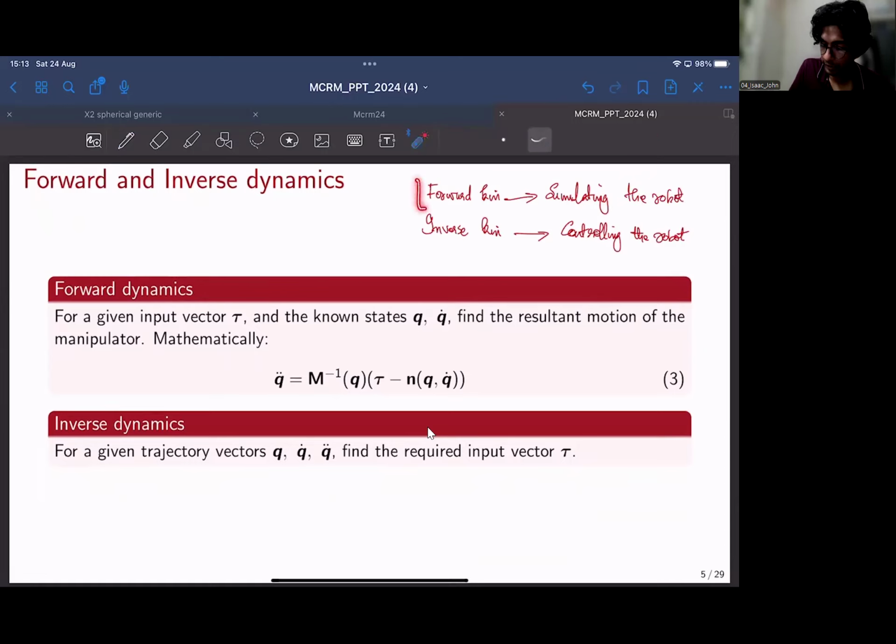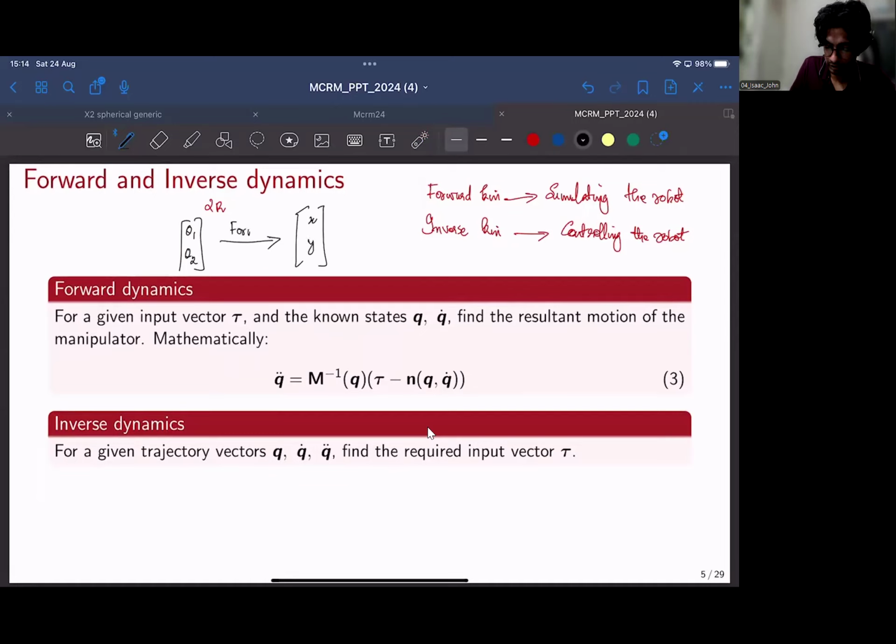I hope you can understand why we call forward kinematics similar to simulating the robot and why we would call inverse kinematics controlling the robot. Because in the case of forward kinematics, it's basically observing what motion the end effector executes as we give inputs to the joint variables. For example, in the case of a 2R robot, if you give inputs theta 1 and theta 2 as the joint variables, what would be the coordinates x and y?